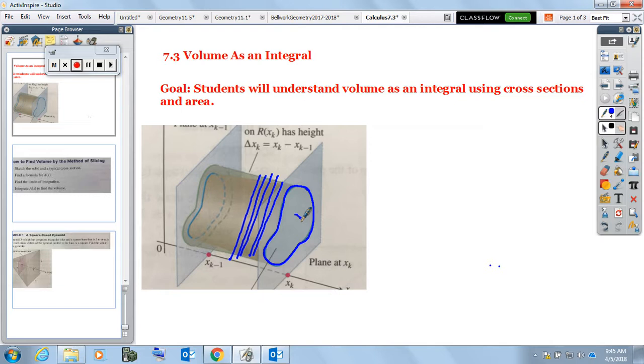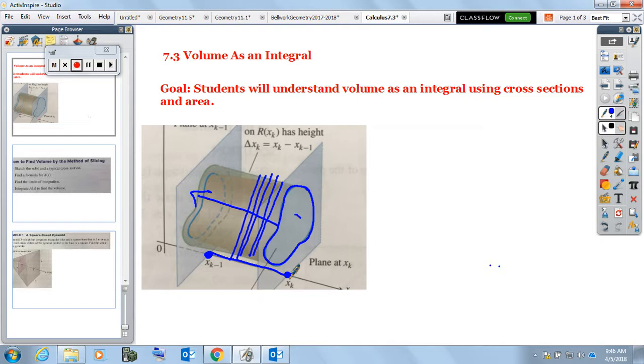And the area of this figure right here is going to end up being the same as you travel down to the other base. So however many cross sections that you have from a point to another point will be your total volume. And so that is what we're going to be looking at in this concept.